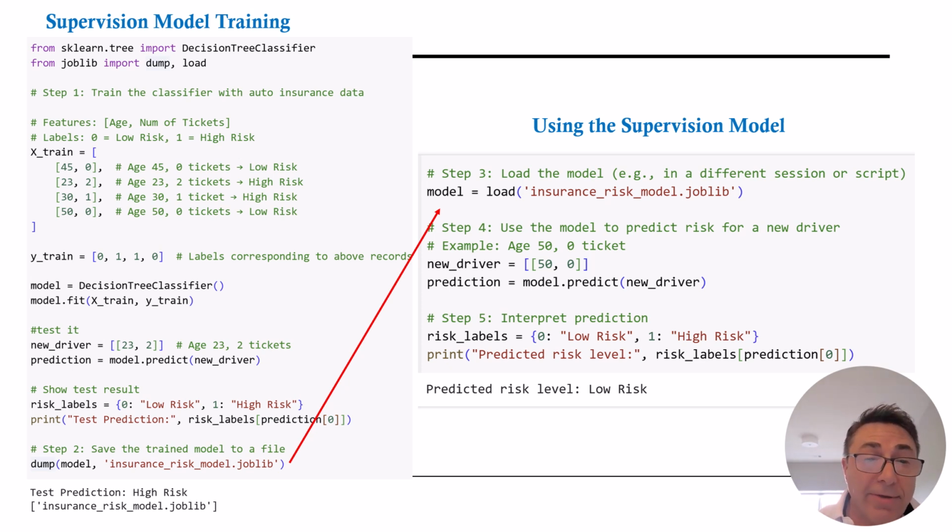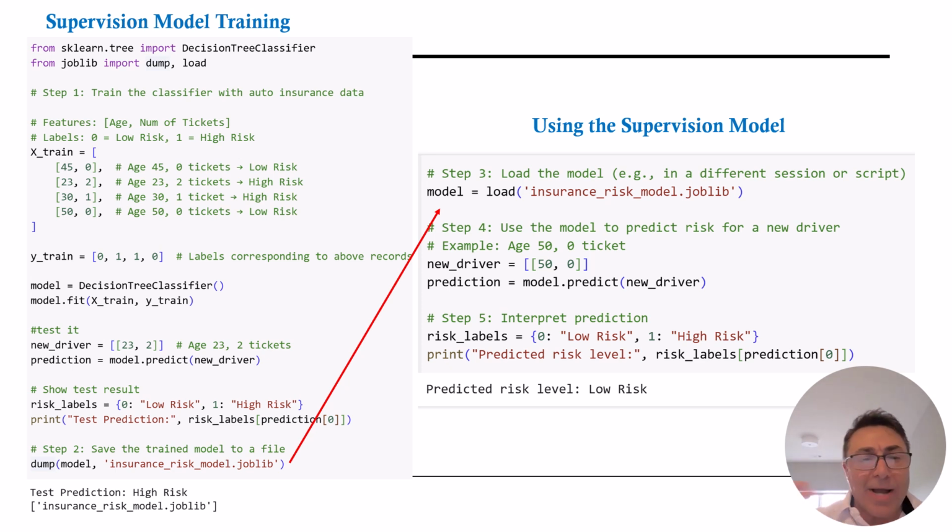So age 45 and 0, 23 and 2, 30 and 1, and 50 and 0. And I'm going to have a variable hold that data for me. I'm going to call it xtrain. My ytrain variable provides the results, what I expect from results having those input values.